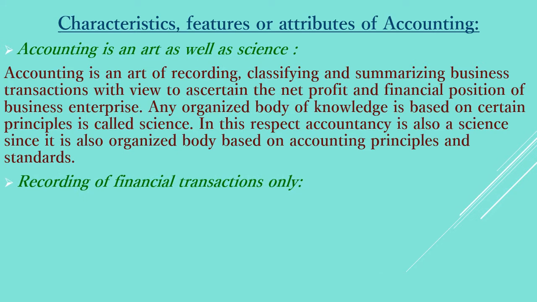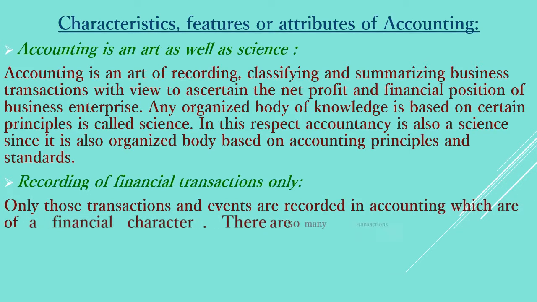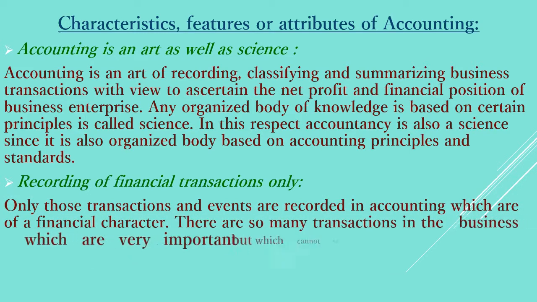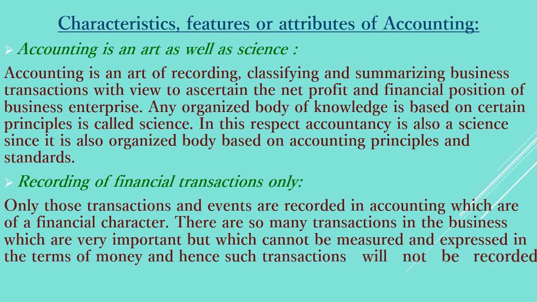Second, recording of financial transactions only. Only those transactions and events are recorded in accounting which are of financial character. There are so many transactions in the business which are very important but which cannot be measured and expressed in terms of money, and hence such transactions will not be recorded.